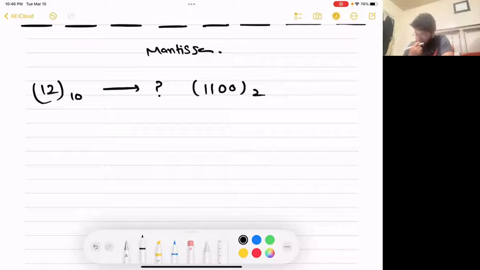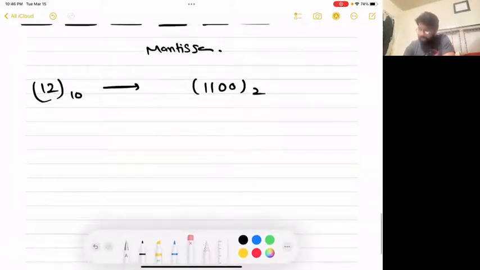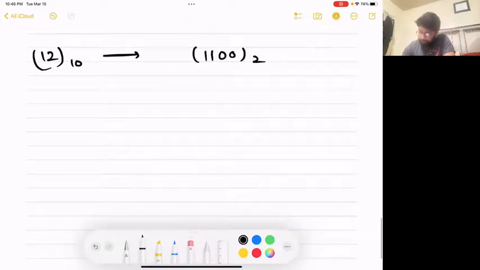I'm pretty sure you guys know how to do this, and if you are struggling with the conversion from decimal to binary, you should email me or get in touch with me so we can go over that. And if you're hesitant to email me, then you can watch our previous video on homework solution 1, because I think I explained that in detail in that video. But okay, so 12 in binary is this. Now we have to normalize this number.